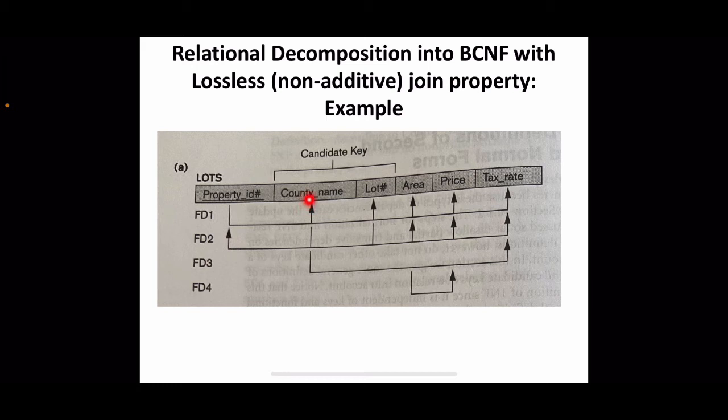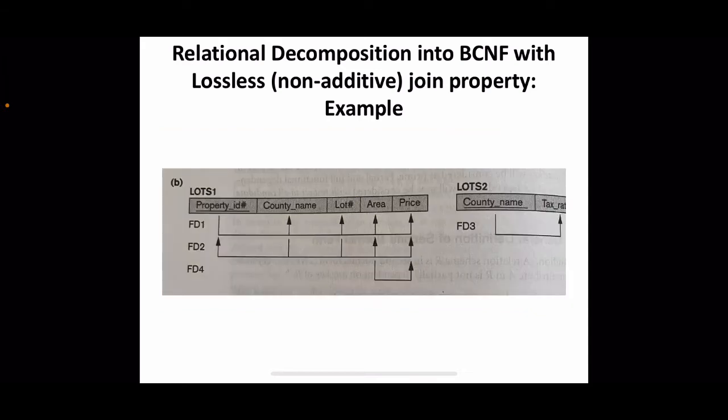The X part is county name and the Y part is tax rate, so we remove tax rate from the original relation. The second relation is X union Y, that is county name union tax rate. This is how we decomposed our original relation using this algorithm. Again we have to check whether any schema violates the BCNF condition.